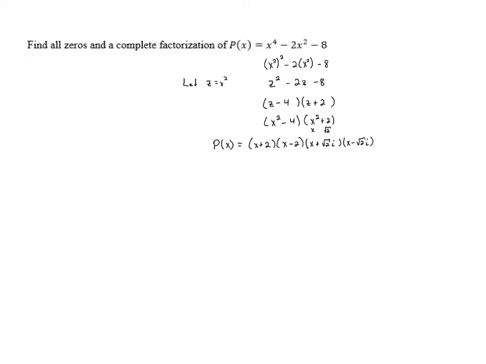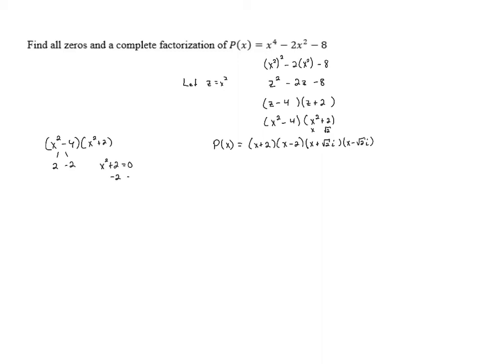So I'm going to rewrite this over here: x squared minus 4 times x squared plus 2. We know that x squared minus 4 has two zeros, 2 and negative 2. We can see that from over here. To find the zeros of x squared plus 2, we can set x squared plus 2 equals 0 and solve.